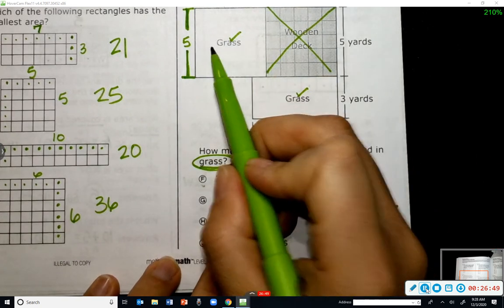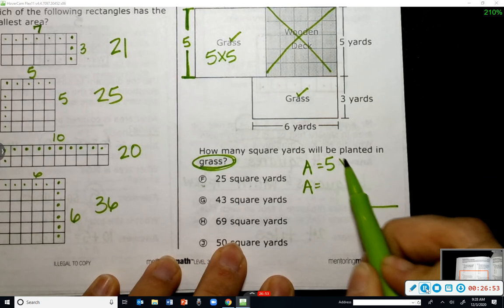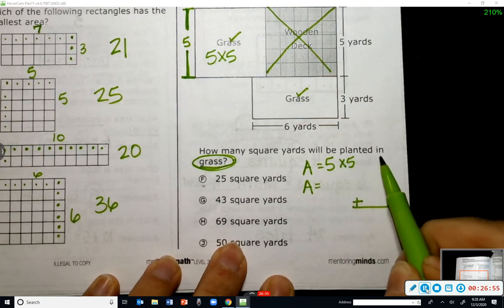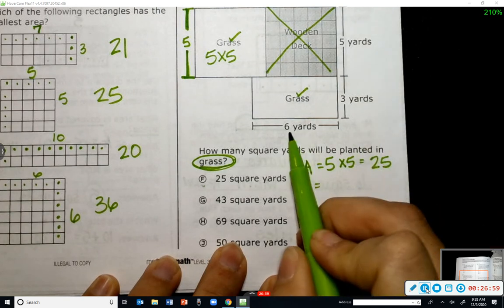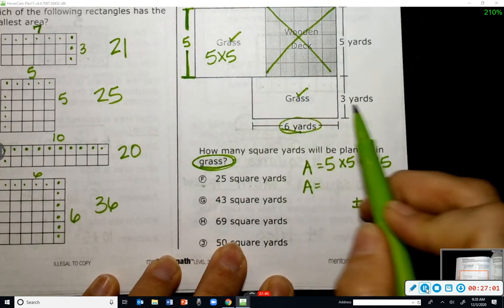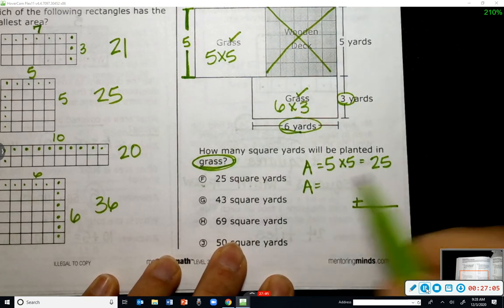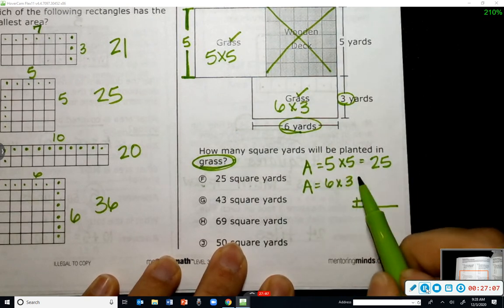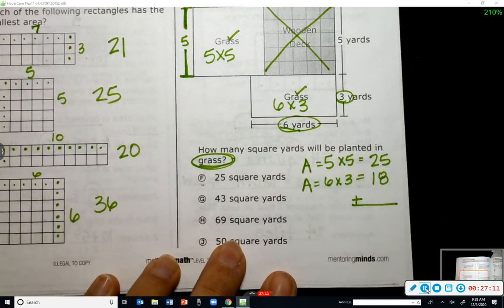Okay, for this one, yes. So 5 times 5 for this one. That's 1. So 5 times 5 is? 25. Good. Now for down here, I needed to do 6 times 3. Okay. 6 times 3 is? 18. And the last step was to add those two.